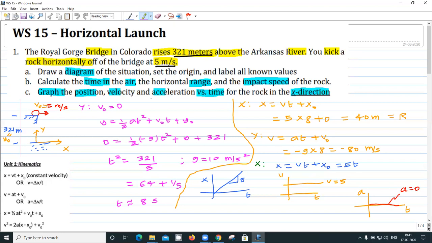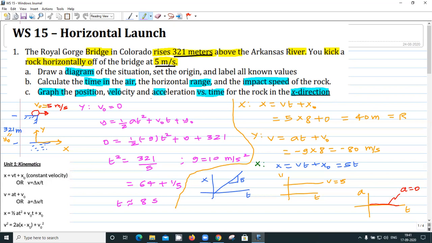No, I'm talking about your acceleration in the vertical direction. See, there is no acceleration in the horizontal direction. It would just be 0 if we were to do it for x. You understood the question, right? For the rock in the x direction. So you only have to bother about the x motion. Forget the y motion. You're handling both motions separately. So the graphs are only for the x motion.